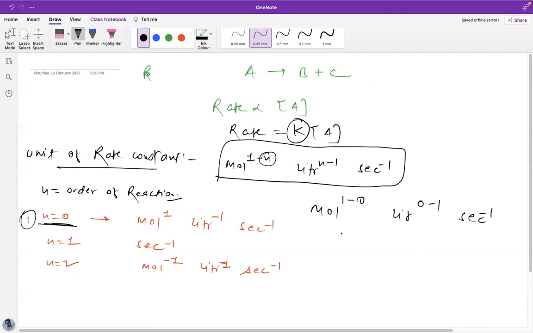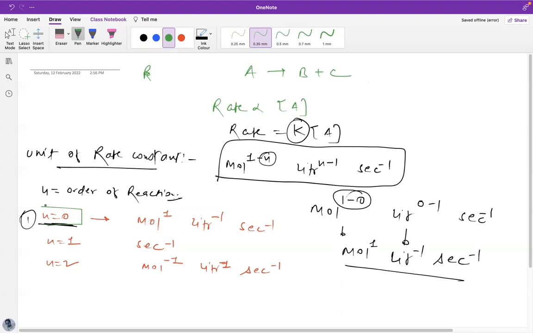If you solve this, mole^(1-0) means mole^1, liter^(0-1) means liter^-1, and this is second inverse. Make sense? So n equal to 0 means I am talking about zero order kinetics. First means first order kinetics, second means second order kinetics. So they can directly ask what should be the unit of rate constant K for second order, first order or zero order kinetics. Any doubt?